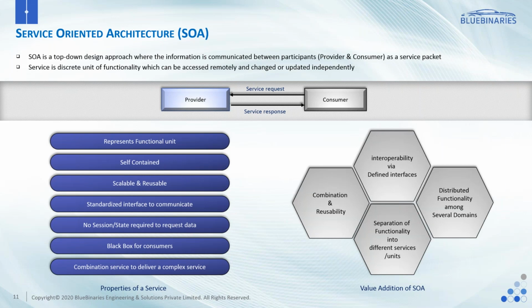As I mentioned, you can combine multiple services, and then you can handle complex functionalities, and each service can be reused with slight changes in the arguments in the service.